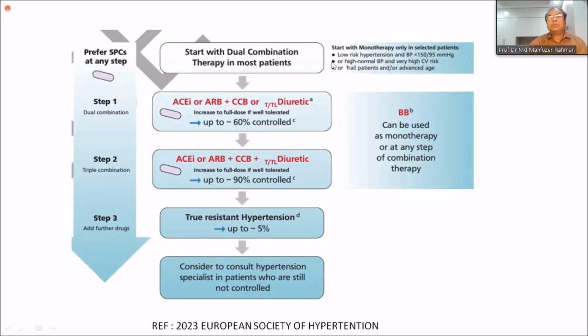In those situations, we can start only monotherapy. Otherwise, it is better to use single pill combination. That is the dual combination in step 1, then triple combination in step 2, and further drugs in step 3.